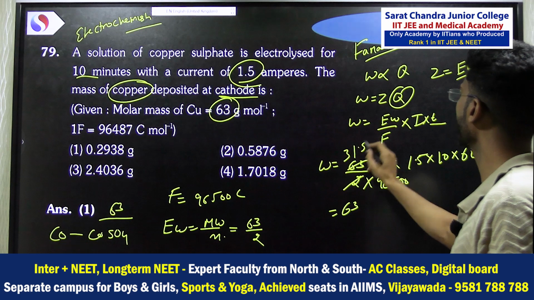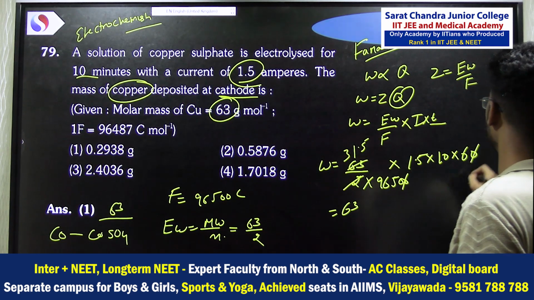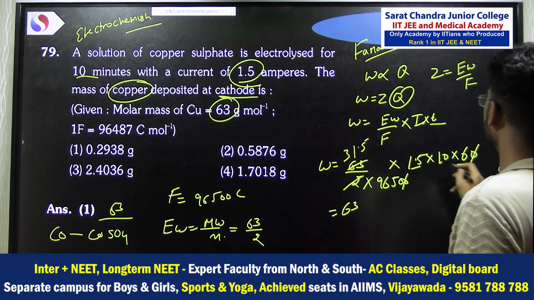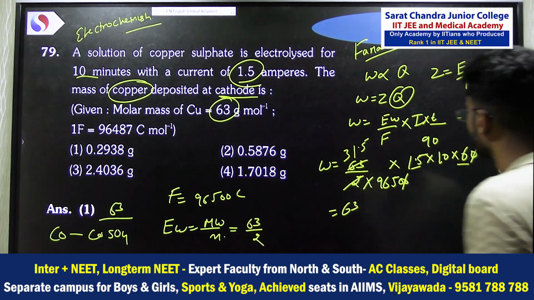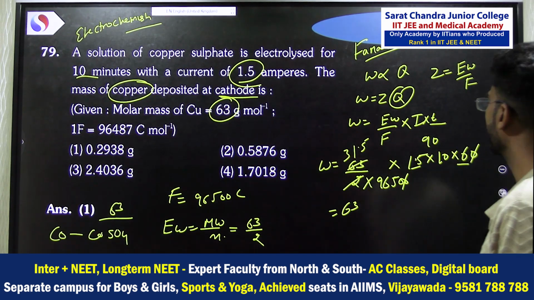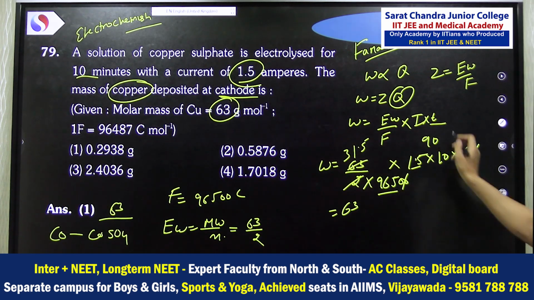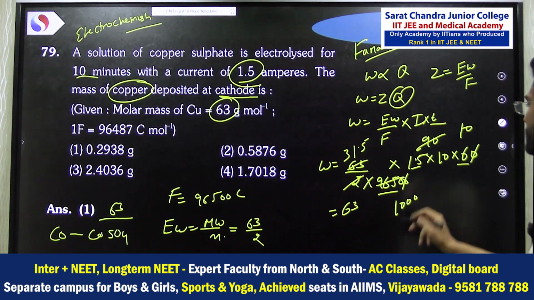Zeros cancel, the decimal with 10 cancels, 15 into 6 is equal to 90. If it is 90, I can assume this is 19 only, and round off this number.